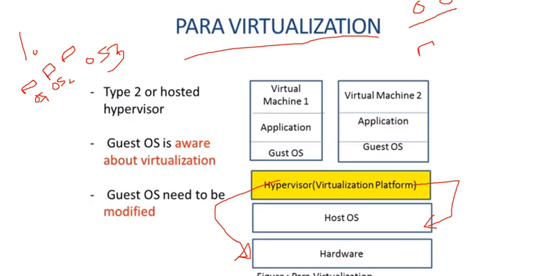And the second way is, if we have an operating system running on our hardware, so hardware is here, and then we have our operating system. Suppose we have our Windows.